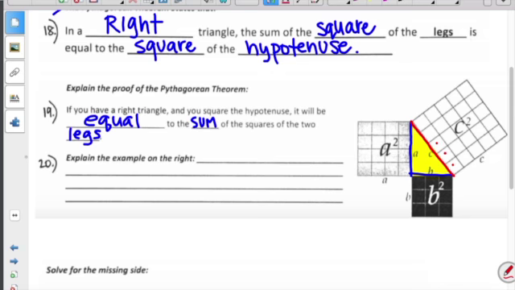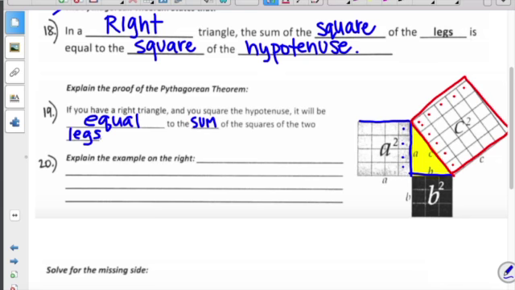If you square it, which would be 5 times 5, okay. It's a visual representation of 5 times 5. So if you square that, it's going to be equal to the legs squared and added together.